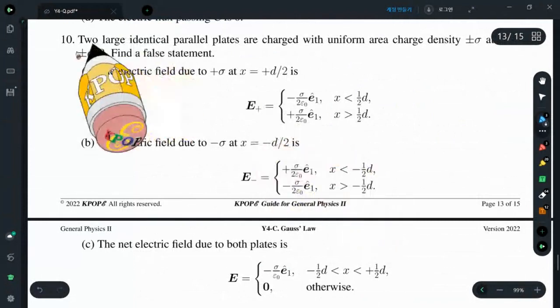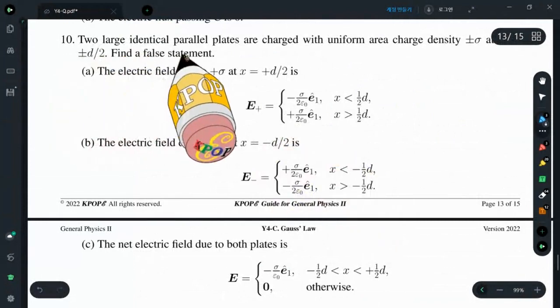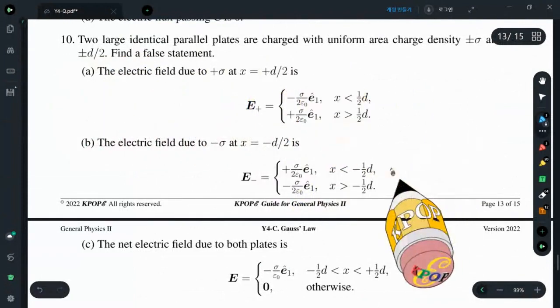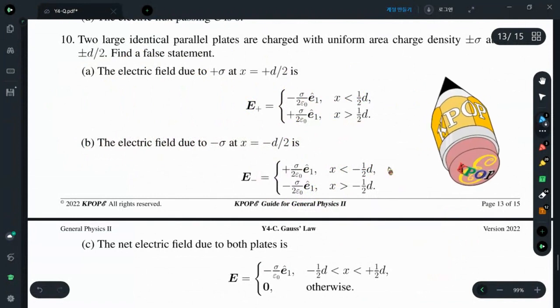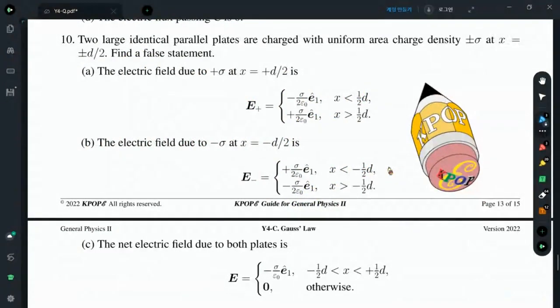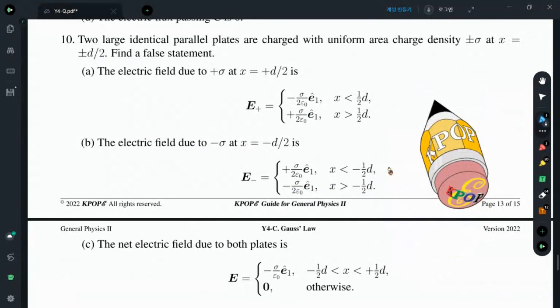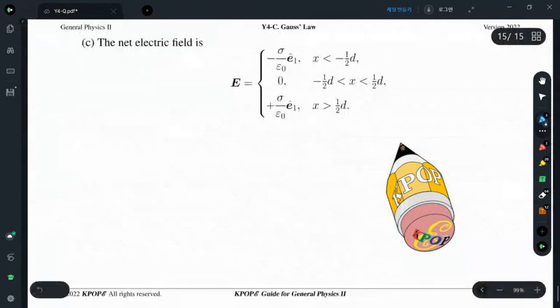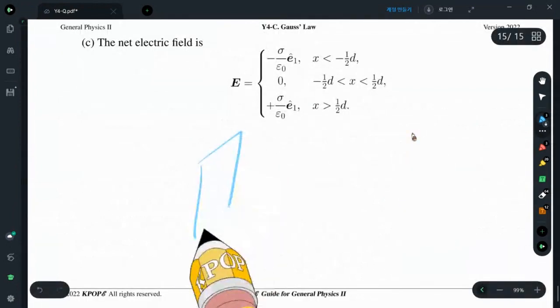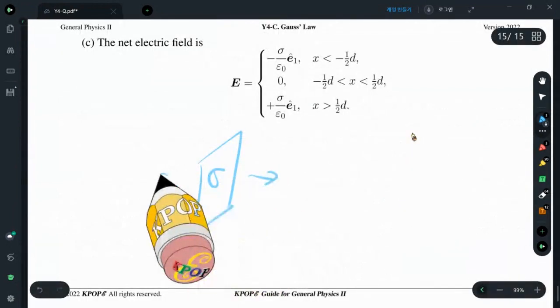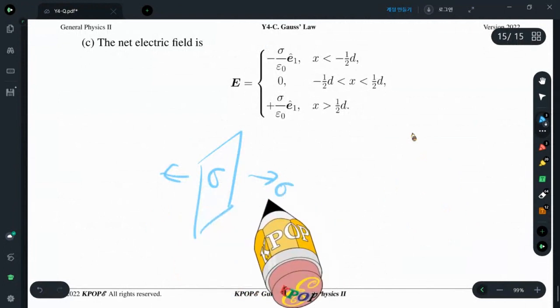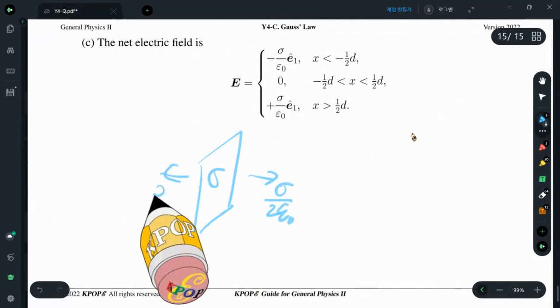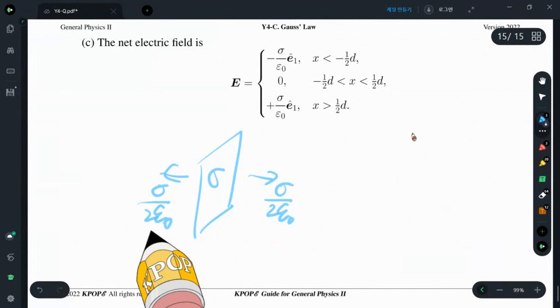Finally, 10. Two large identical parallel plates. This is exactly the same as the last question in the previous class, so let me pass over these things. What you have to remember is that if there is a sigma, the field is sigma over 2 epsilon 0 on each side.